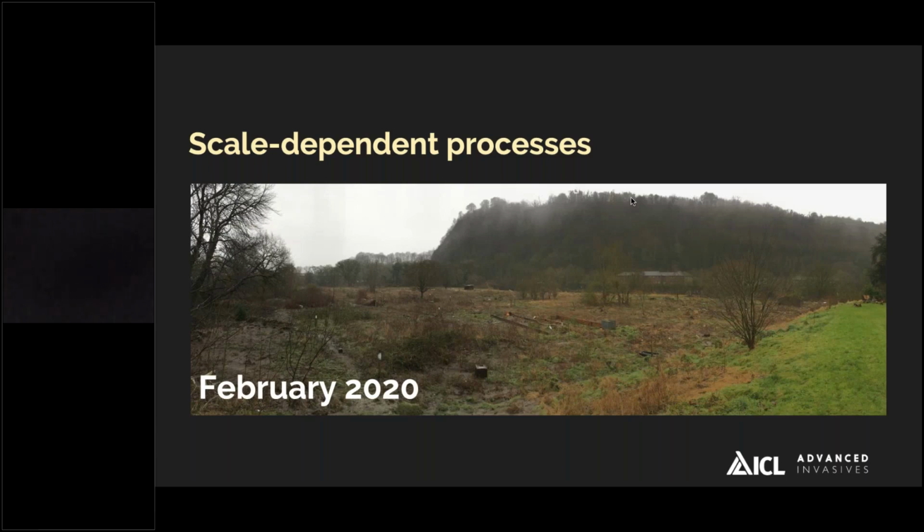In terms of how widely and how rapidly balsam can spread, this image is quite useful in demonstrating the kind of volume of seed that's going to be removed from the site. This image is from February 2020, and if you think about the number of seeds that are going to be present in the soil prior to this flood event, it gives you an idea of just how many seeds are going to be spread following flooding.